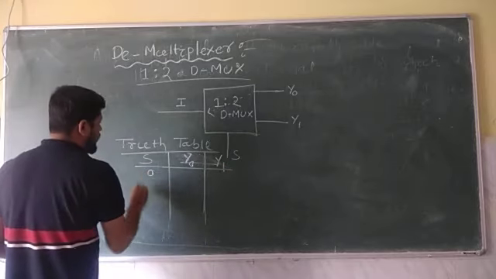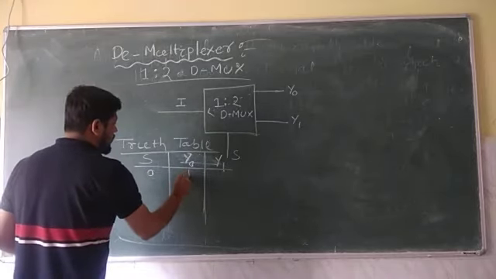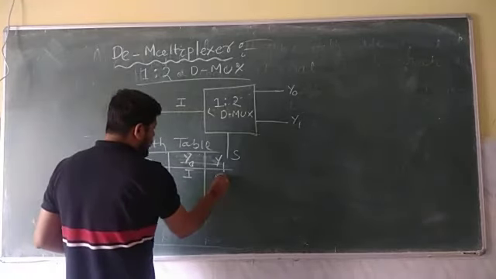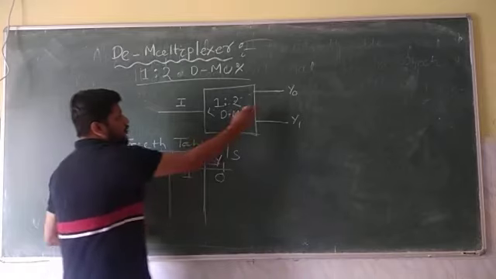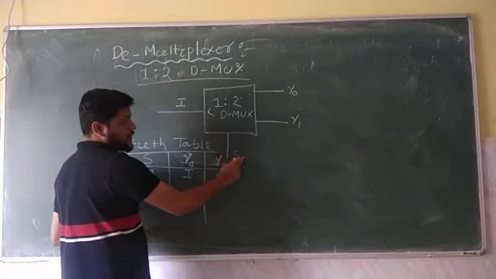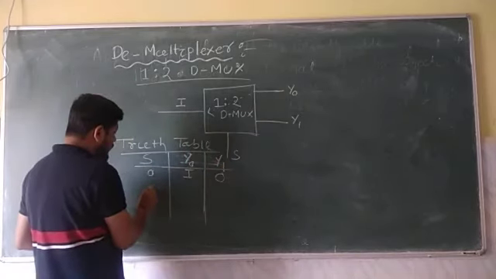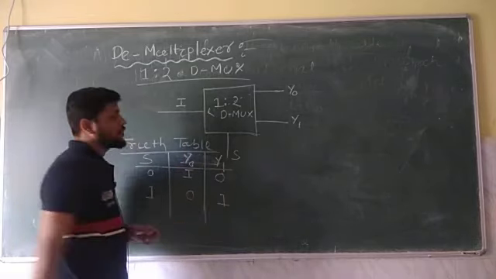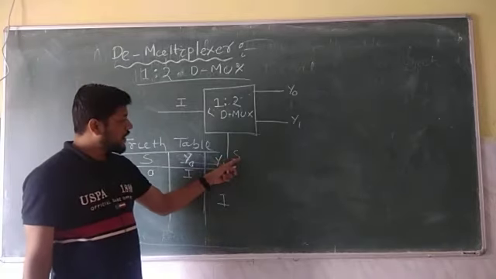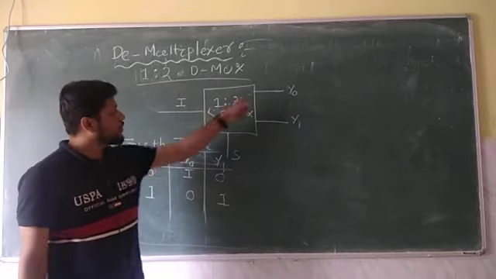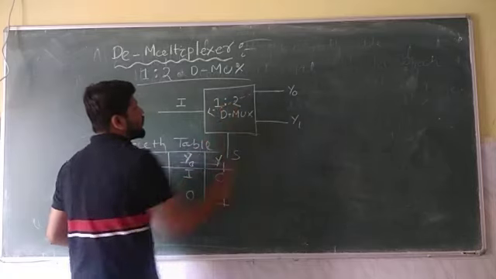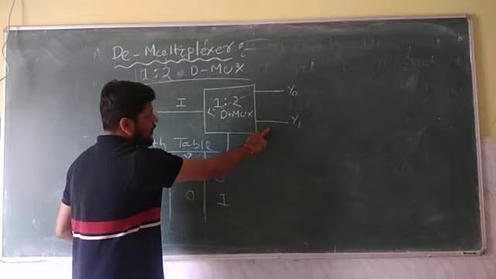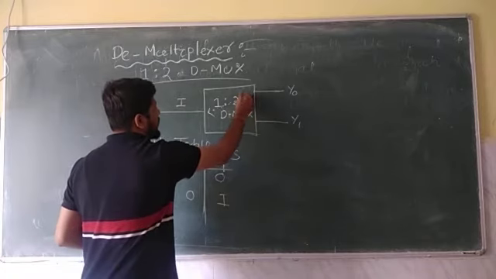When S is equal to 0, Y0 is equal to I and Y1 is equal to 0. Y0 equal to I means Y0 is connected with I when S is 0. When S is 1, Y0 is equal to 0 but Y1 is equal to I. That means when S is 0, the switch is connected with Y0, and when S is 1, the switch is connected with Y1. So this is a type of rotating switch.